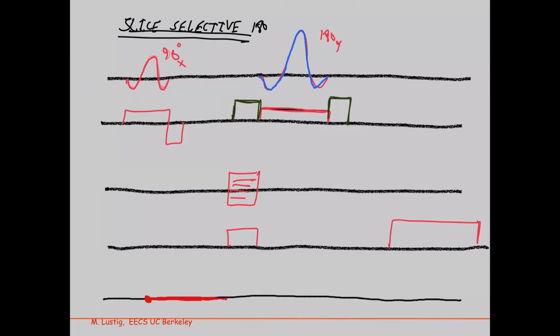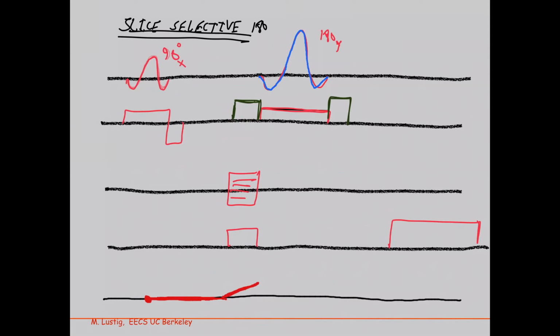Spins at different z positions will start having different phase, right? Because of this. So I will start having linear phase accumulating. Okay. Does that make sense?